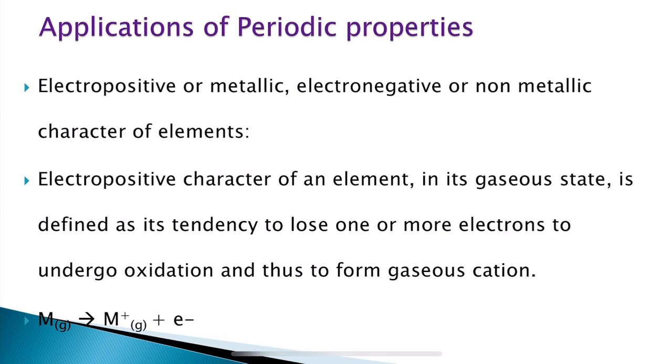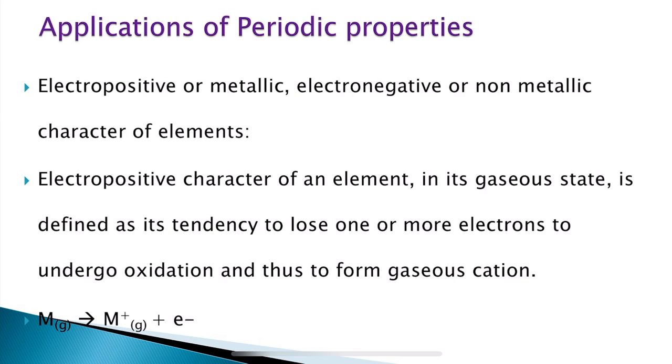The periodic properties of an element depend on valency and the number of shells in an atom. As we move down a group, the number of shells increases successively, such that the number of shells of an element is equal to the number of the period to which it belongs. As we move across a period, the number of shells remains the same.